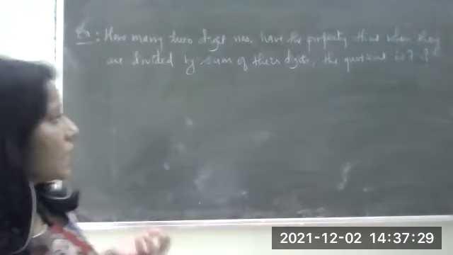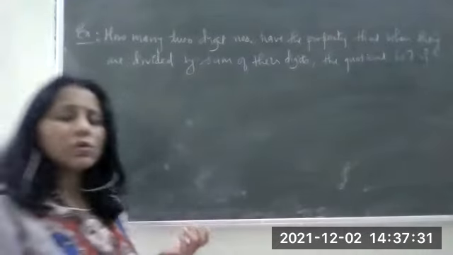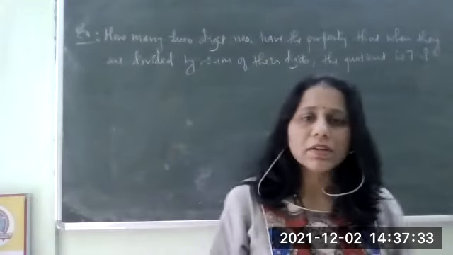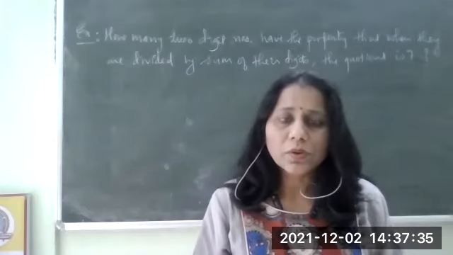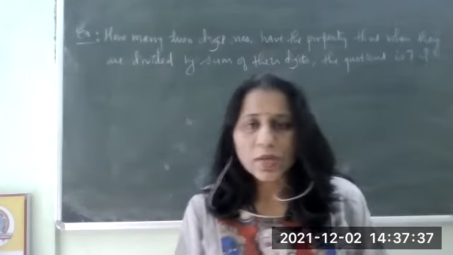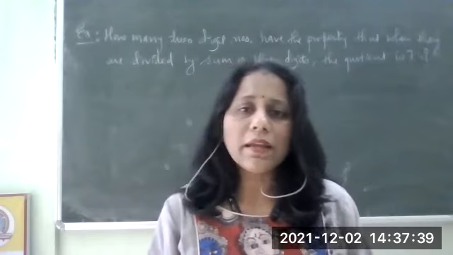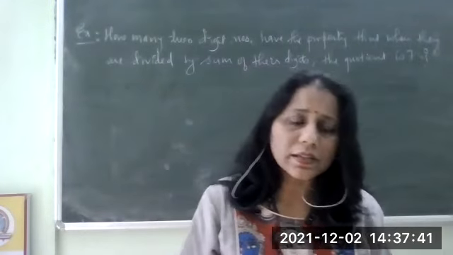So let us take a 2-digit number. We know that any 2-digit number has a unit place digit and a tens place digit. So I can write it in the form 10a plus b, where a and b are natural numbers. We can express any 2-digit number in this form.